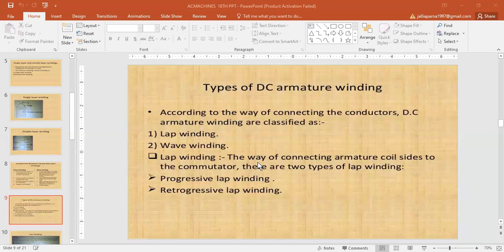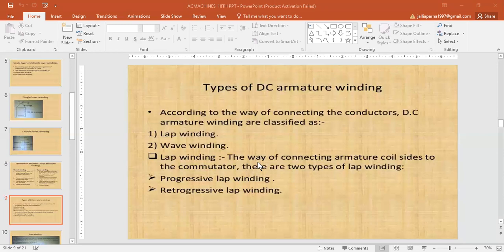Any inequality of pole flux affects both paths equally, hence their induced EMFs are equal. In lap wound armatures, unequal voltages are produced, which set up a circulating current that produces sparking at the brushes.